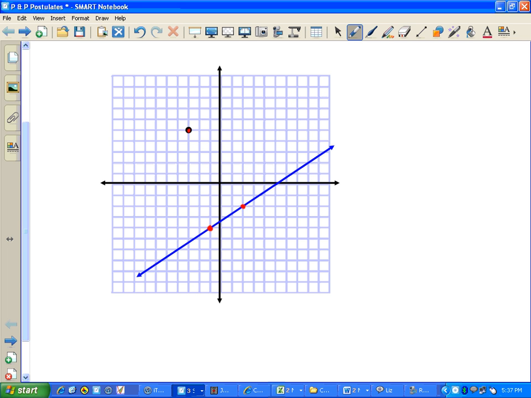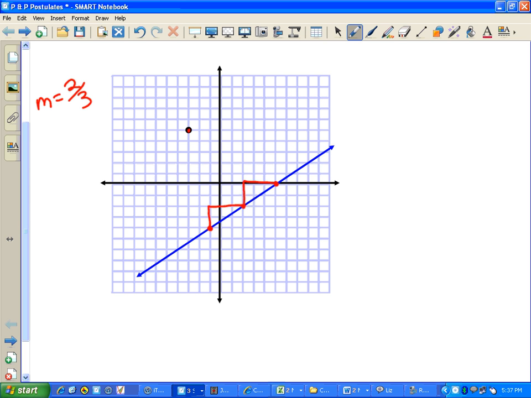Here's another one that I can use. So I'm going to check what my slope is. I'm going up 2 and over 3. My slope looks like it's 2/3. I'm going to check just to make sure. I'm going to find another spot here. Make sure it's still up 2 over 3. Okay, so yeah, that's my slope.